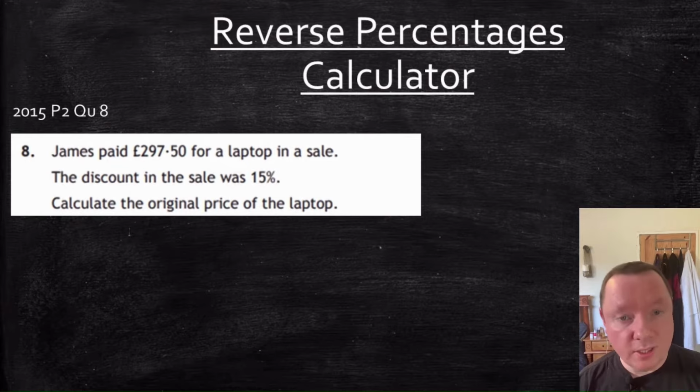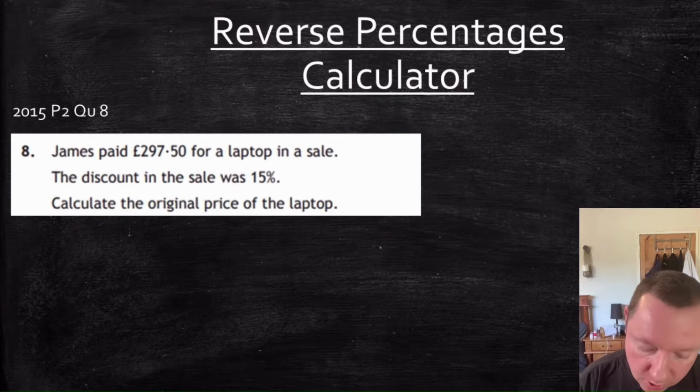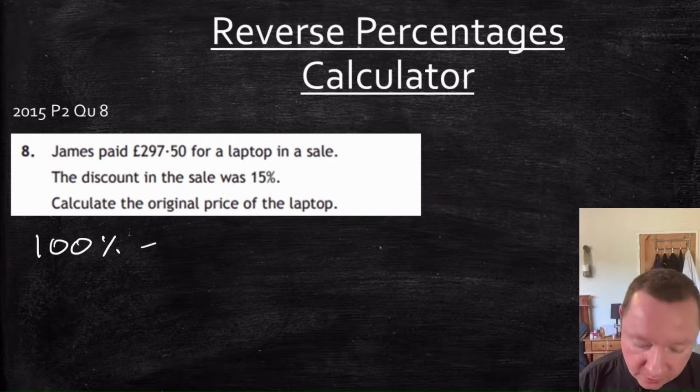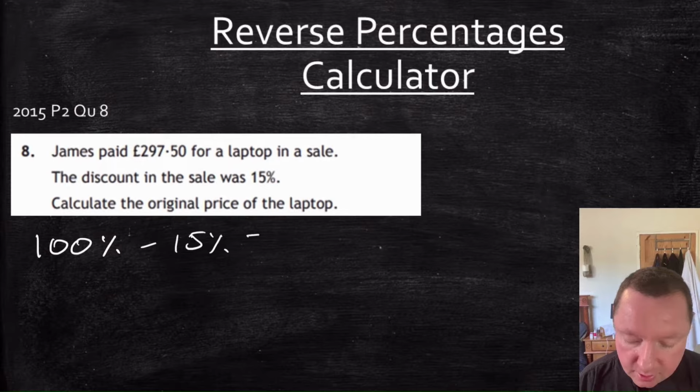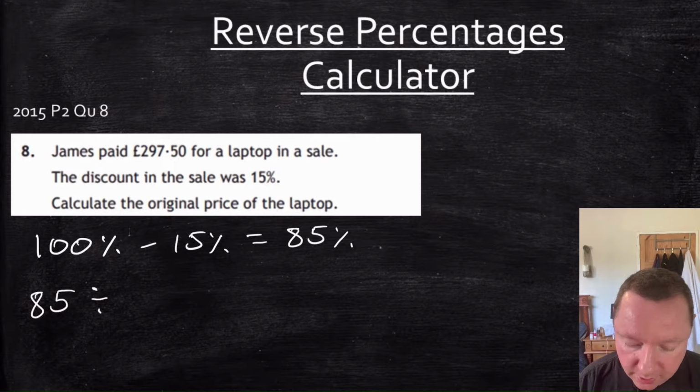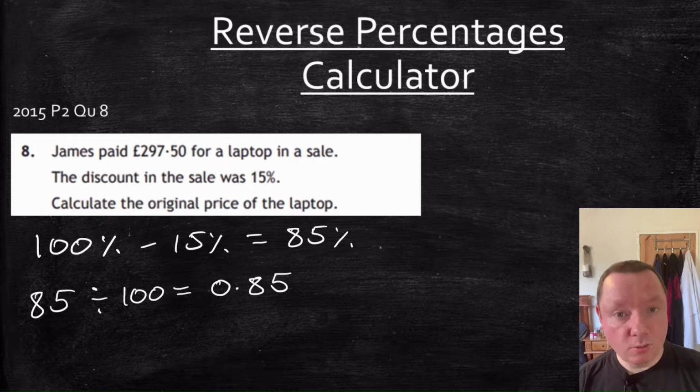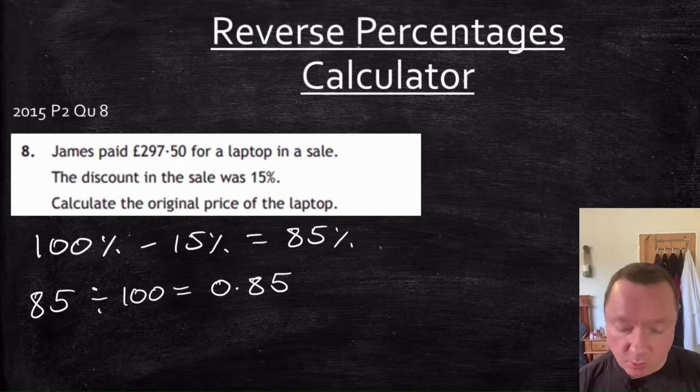We start off in the same way by doing the multiplier. So we've got 100%. It was a discount, so it's been taken off, so minus 15%. That leaves 85%. Change that to a decimal in the normal way. Divide by 100 to get 0.85. So now, since we're going backwards, we're not going to times by 0.85 because we're trying to get back to the original price, so we divide by 0.85.